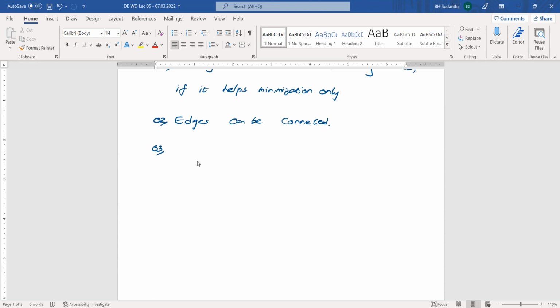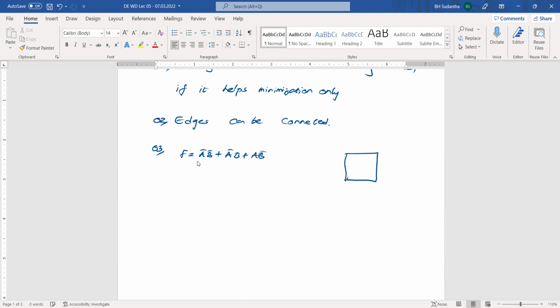Third one, so far we have minimized the equation considering ones. For example, if you consider a map like this, we can minimize this.